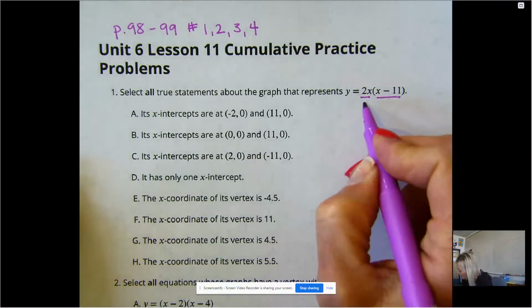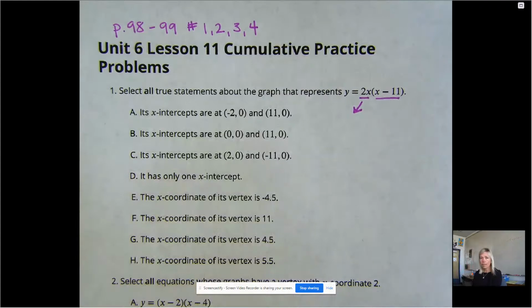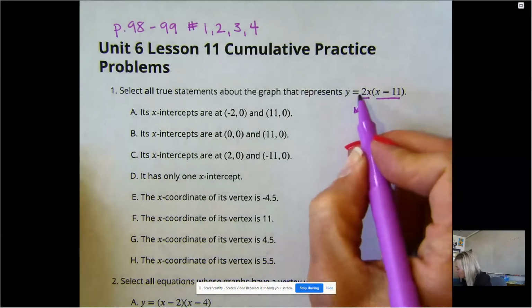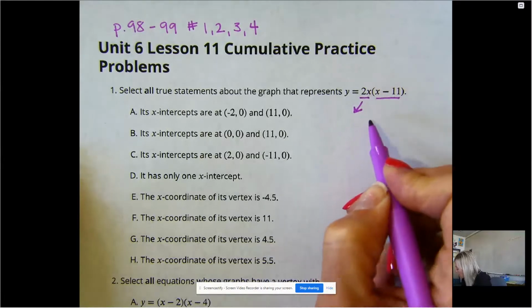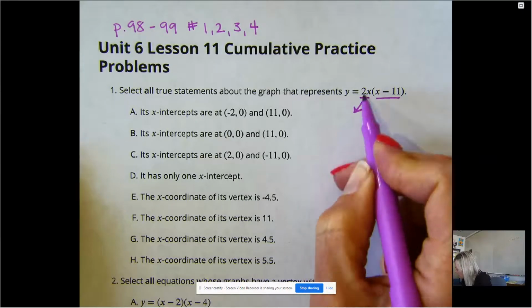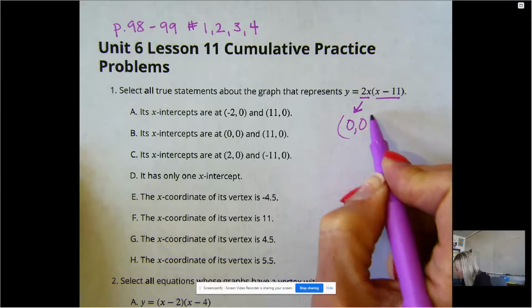So from this factor, I know that gives me an x-intercept of 0 because 0 would be the value of x that would make 2x equal to 0. So that gives me one x-intercept when x is 0, y is 0.